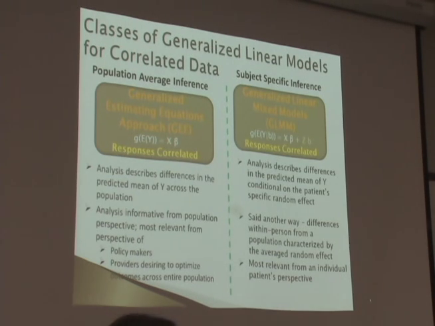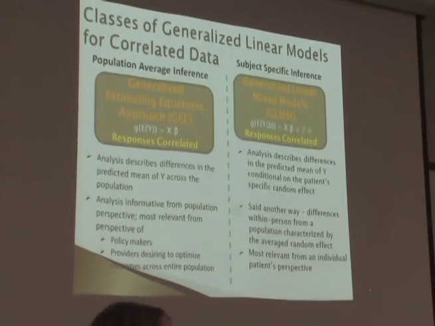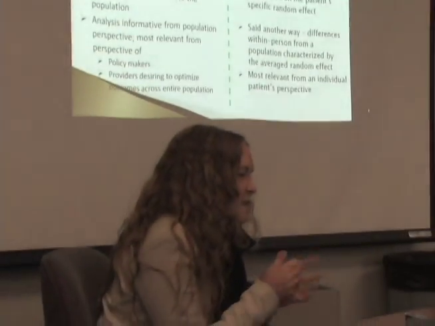That's the part where I get a little fuzzy, because the difference between an averaged within person effect and an average between person effect is hard for me to think about. Because hypothetically the within person change could be a between person change. Anyway, this would be most relevant from an individual patient's perspective.